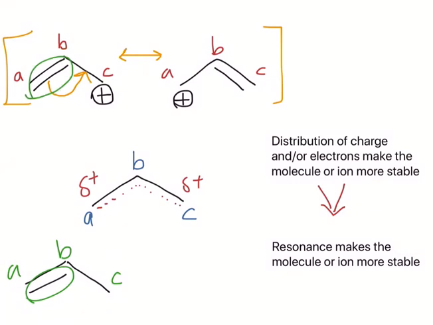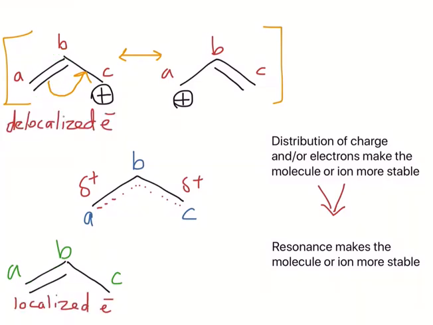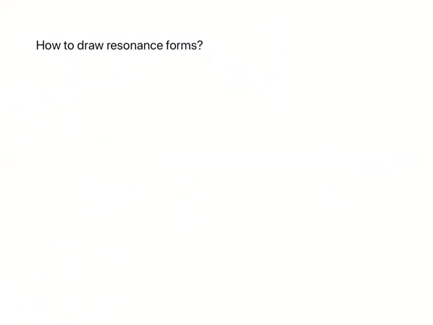But in this molecule, the pi electrons are always between A and B, and they cannot move anywhere else. So we call these pi electrons localized, and these two pi electrons in the carbocation are delocalized.